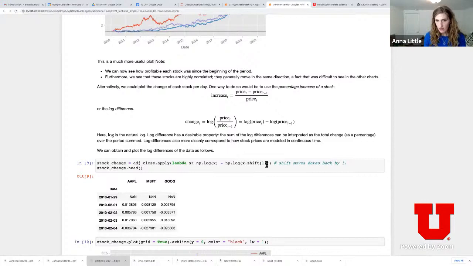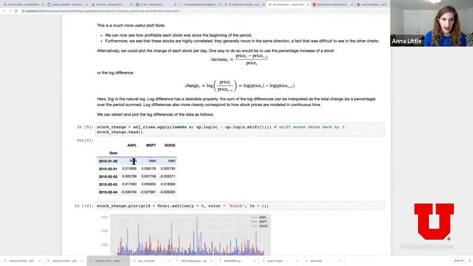So this shift function moves the dates back by 1. And then we can take a look at what we get. There won't be any data available for the first day because you can't compute the daily change if you have no history. But then for every day after that, you'll see this log difference for the daily change.